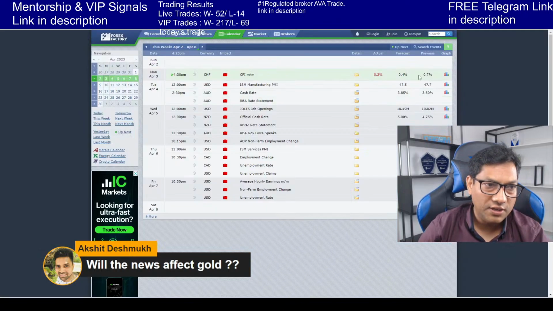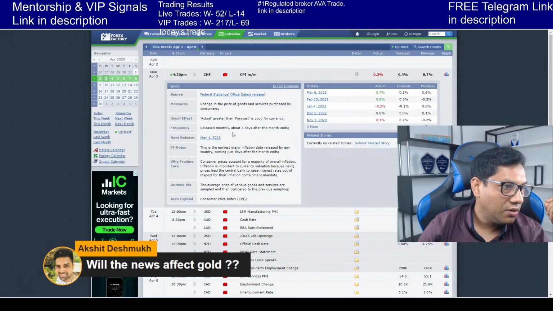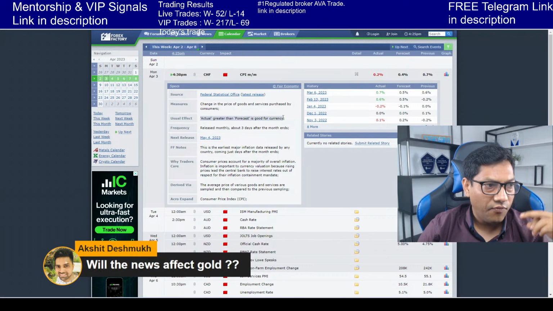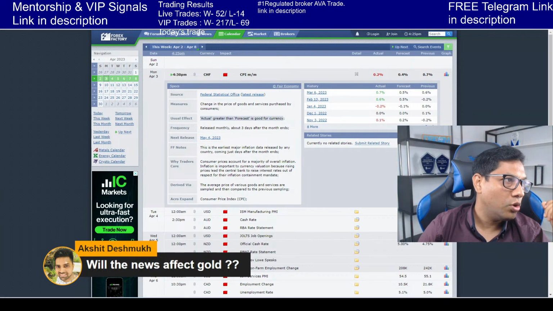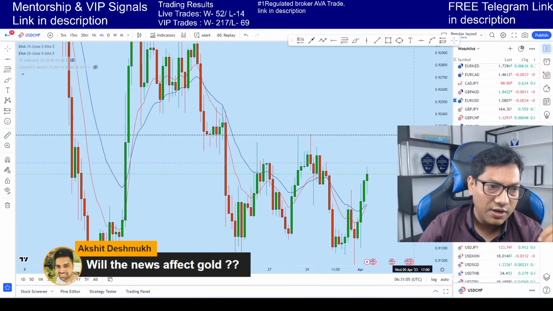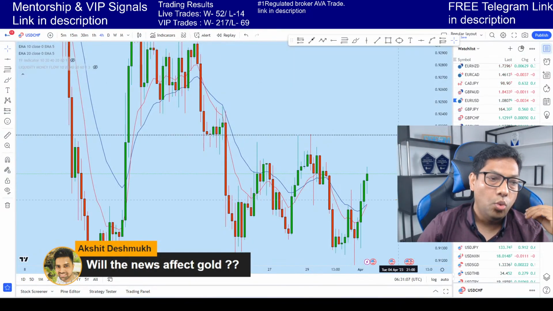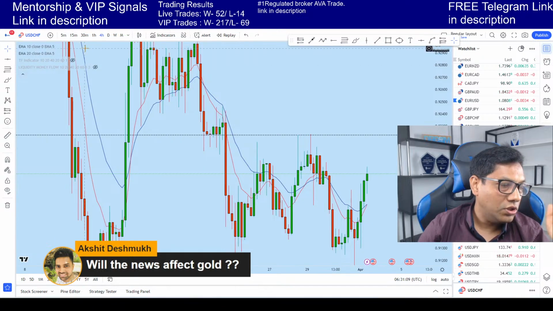I think you understand these things, but if you don't understand, let me know. It's easily defined here in the explanation. Actual greater than forecast is good for currency. The simplest way you can understand from here. So actual now is less than forecast, so bad for currency. As a result, we see some weakness in CHF, which is causing the dollar to get stronger.